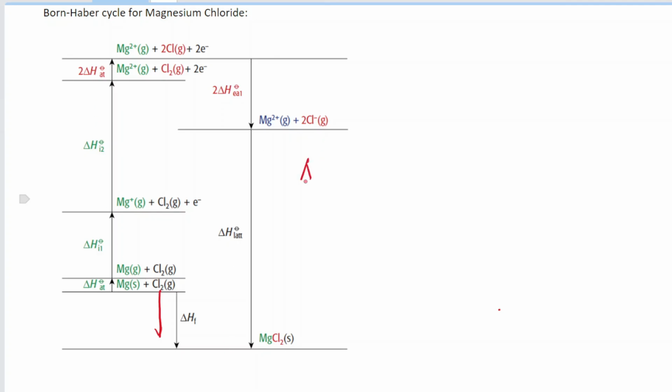So delta HF equals basically just add this atomization plus I1 plus I2 plus 2 times this plus this plus this. So I'll just label all that from here until here as delta H. So it's going to be delta H plus the delta H of lattice. And that's how you solve questions relating to the Born-Haber cycle.